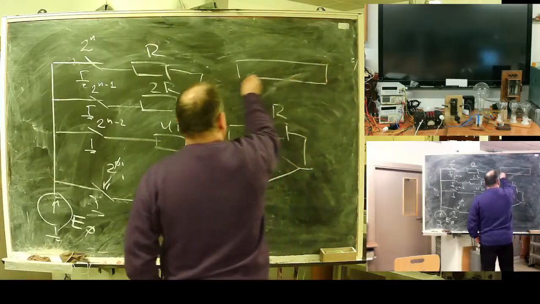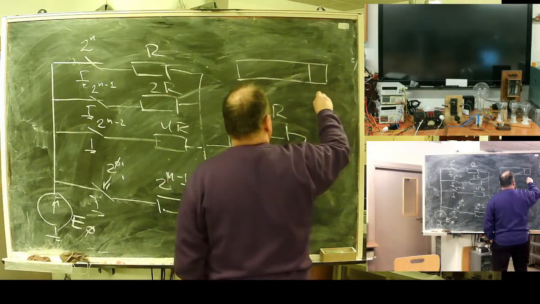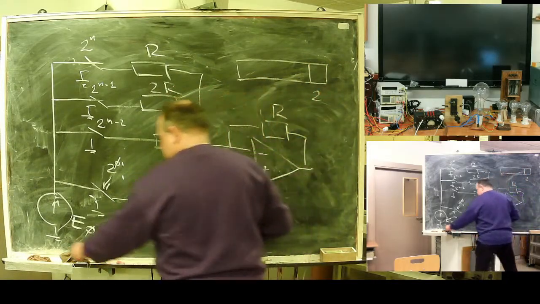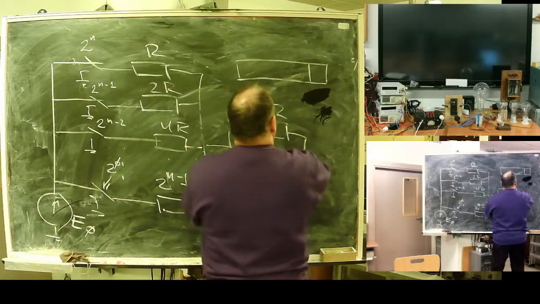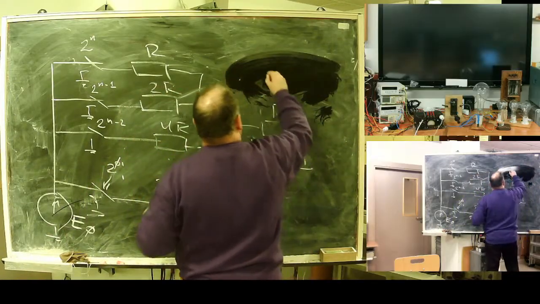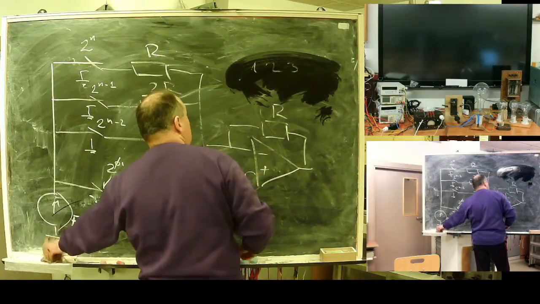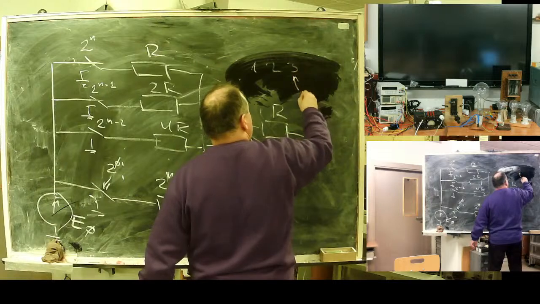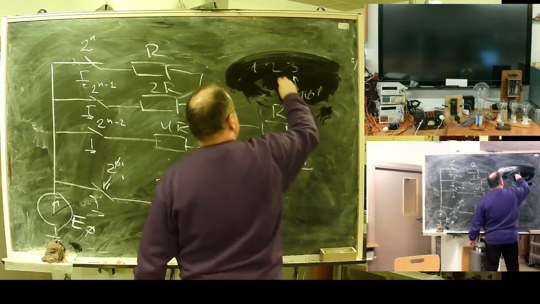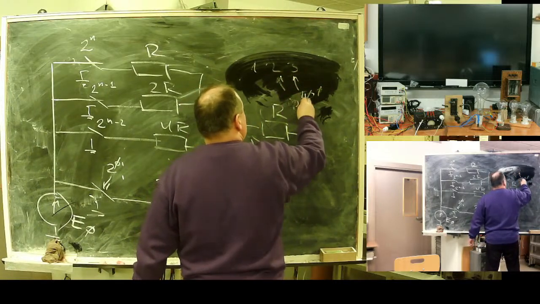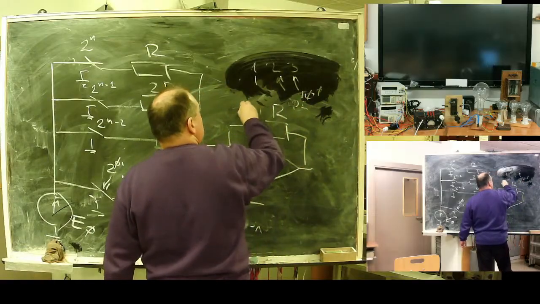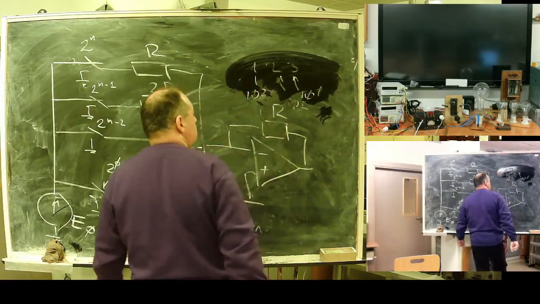Remember that any digit can be represented in decimal system. I don't know, 1, 10 power 0, 10 power 1, hundreds is 10 power 2, and so on.